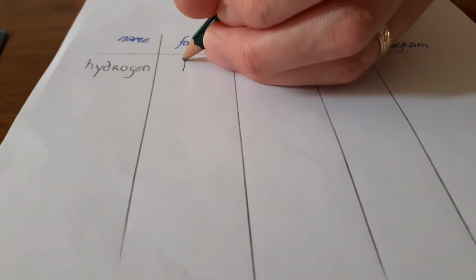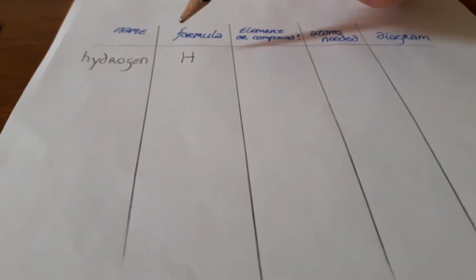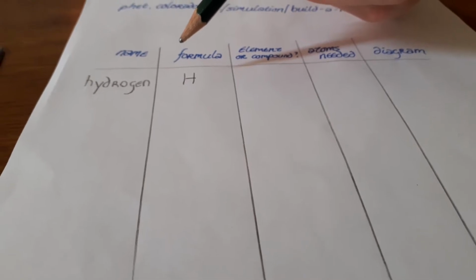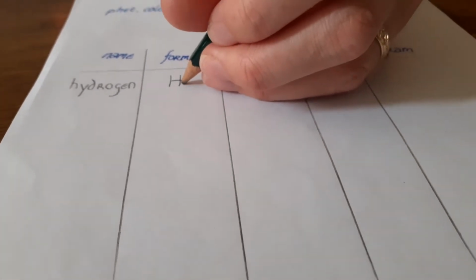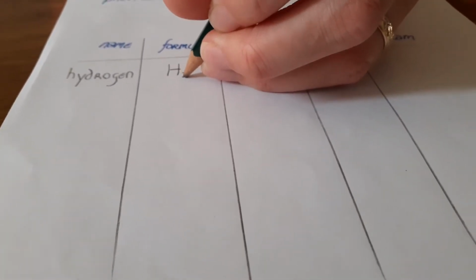Okay, formula for hydrogen. We know that on the periodic table, hydrogen is H. But the formula, when you've got hydrogen in the air, as a gas, it's actually H2.